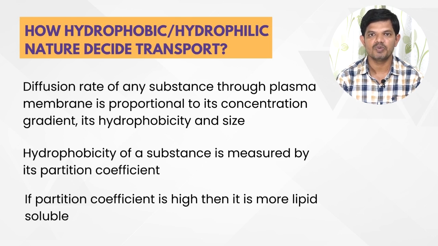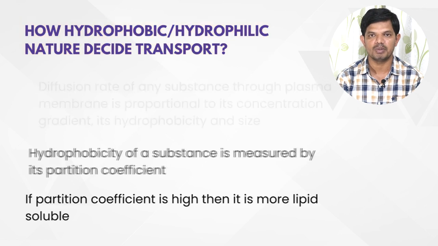If the partition coefficient of a substance is higher, then it is more lipid soluble, and the more lipid soluble it is, the more chance it has to cross the lipid bilayer. That's why steroid hormones don't have their receptors on the plasma membrane, because steroid molecules can easily pass through the plasma membrane.